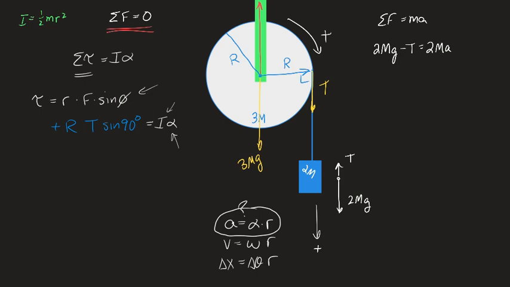I'm going to pick the box. But the problem could pick the pulley. Do we understand? So picking the box, that means I'm going to solve this for the angular acceleration in terms of our problem. Capital R represents the radius of this problem.